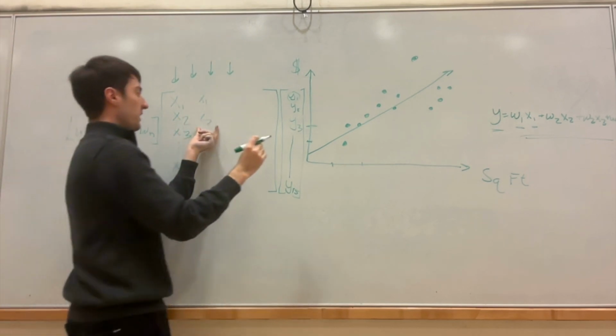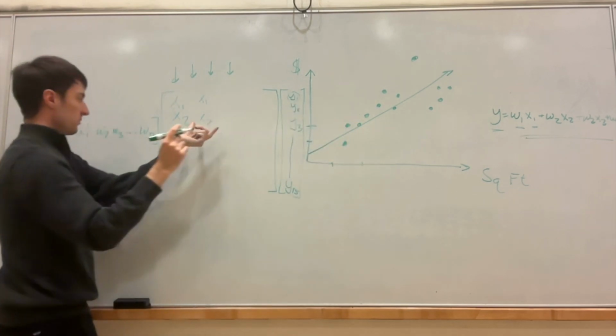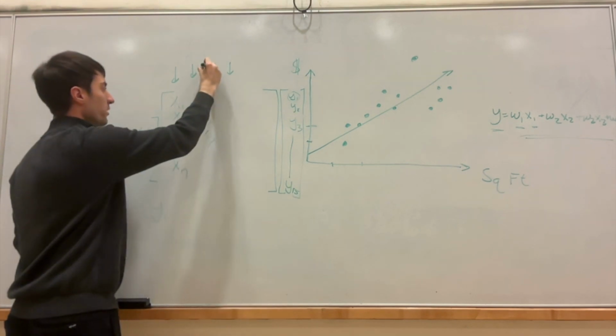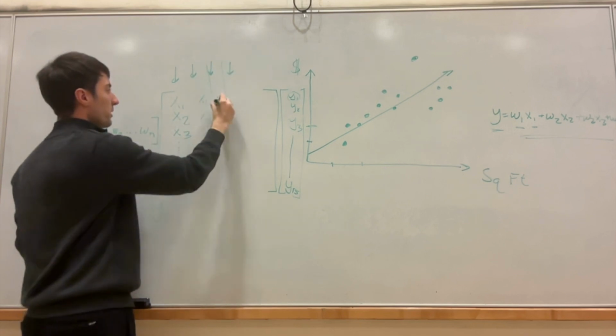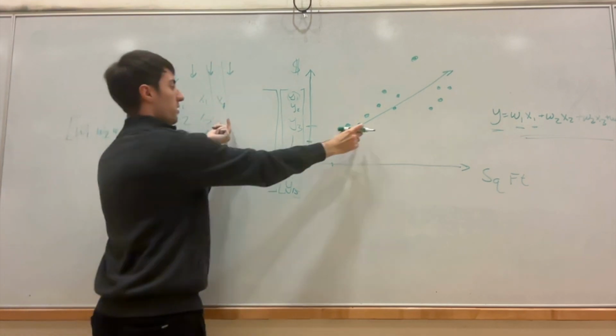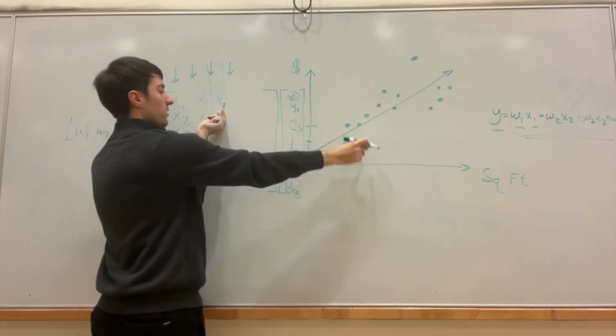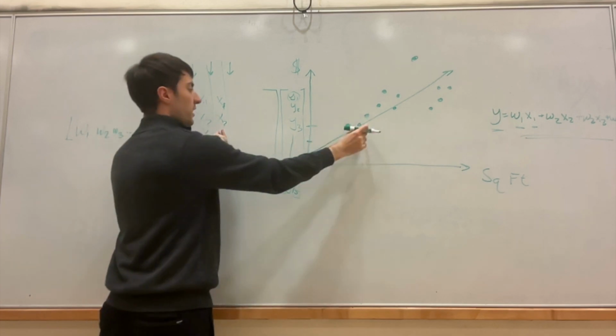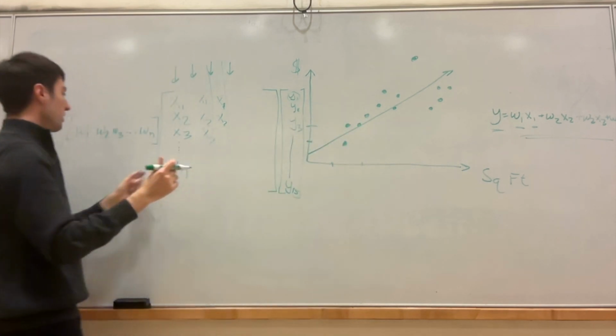And this second one's x2, this second one's x3, and this one right here will be the third training data point's x1 dimension. This will be the third training data point, x2 dimension, etc.